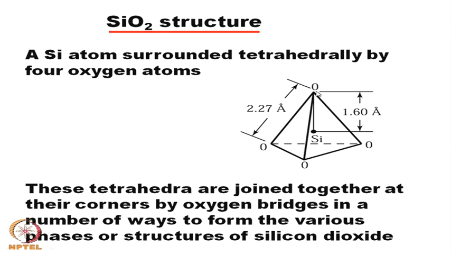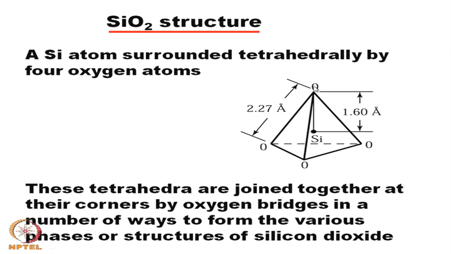Between oxygen atom to atom, the internuclear distance is 2.27 angstrom, while between oxygen and silicon this distance is only 1.6 angstrom.